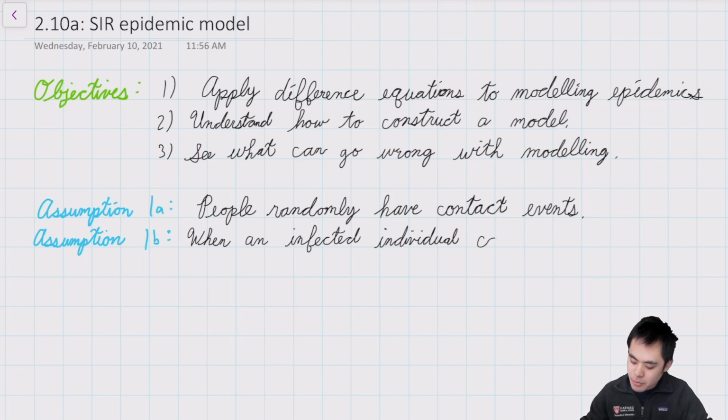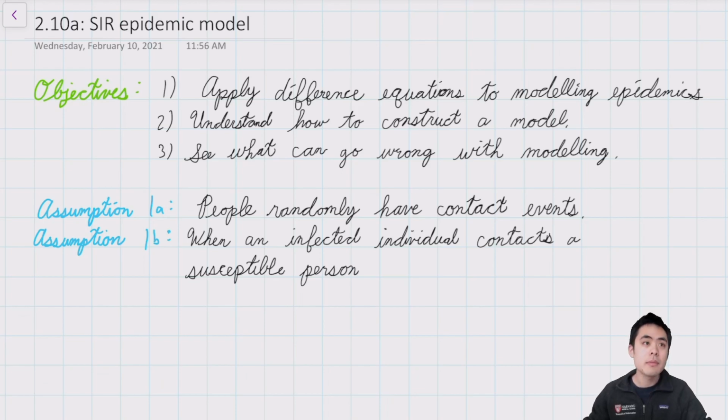So these are the S and I in the SIR model.